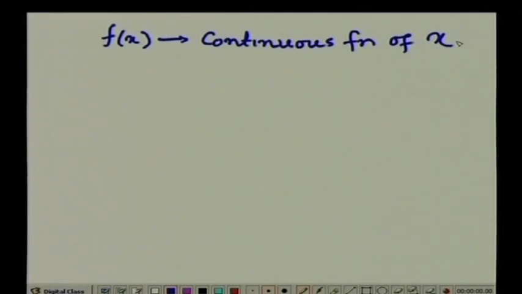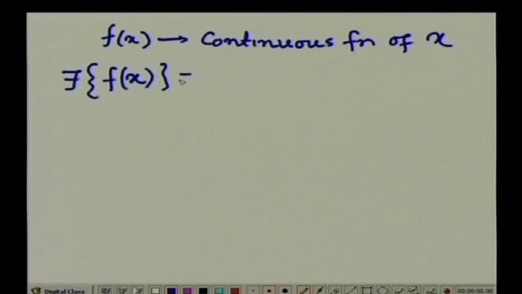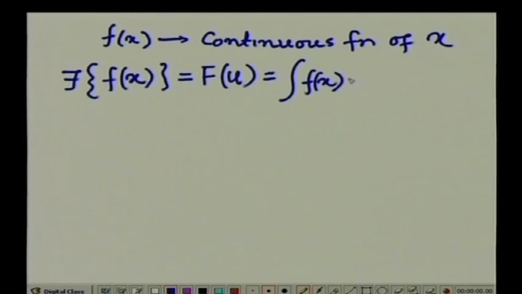Then the Fourier transformation of this function f(x), also written as capital F of u, is given by the integral expression of f(x) e to the power minus j 2 pi u x dx, where the integration is carried over from minus infinity to infinity.